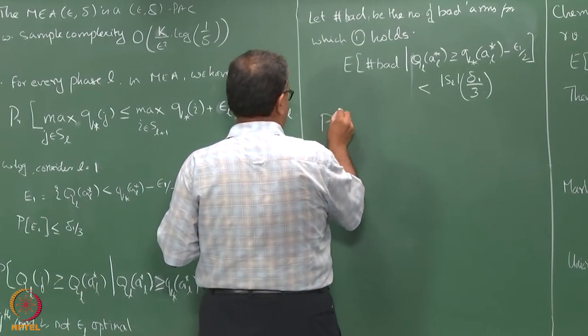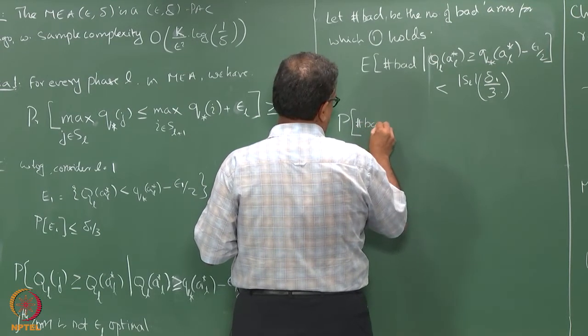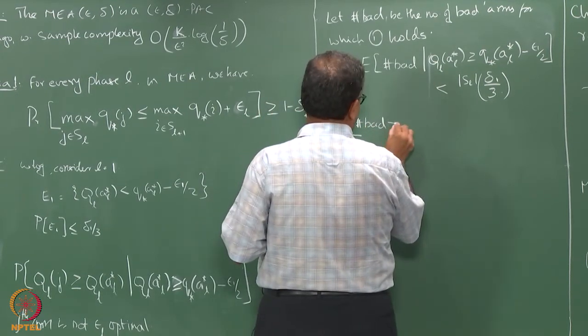Right, now I want to look at the probability that hash bad is large.